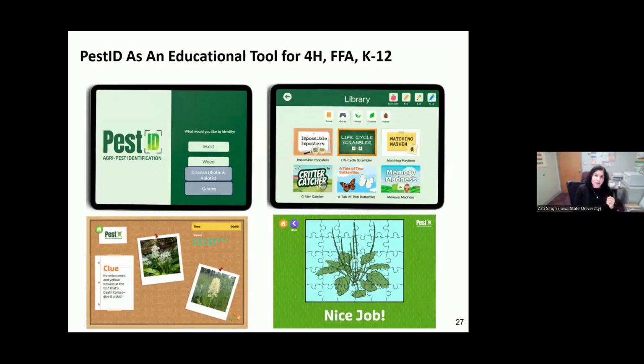Another area I have been working on is how we can use the information we have learned from around 16,000 insect and weed species to teach 4-H kids, FFA students, and K through 12 students, and increase their knowledge base.